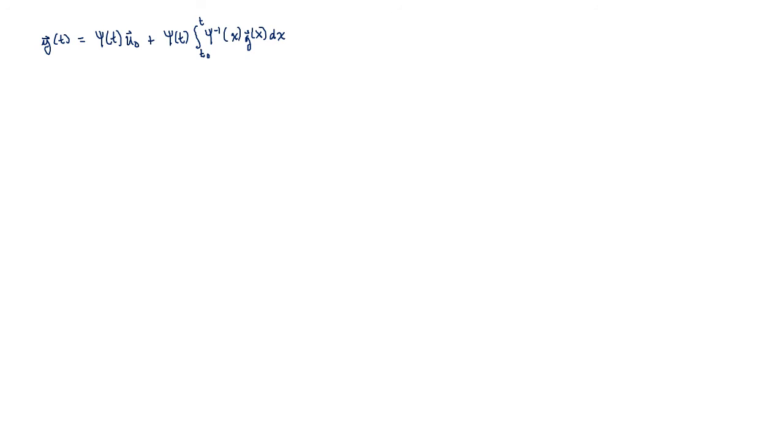Now let's take this formula and do a little bit more cleaning up. We were told at the beginning of the process that y evaluated at t naught was going to be y naught.